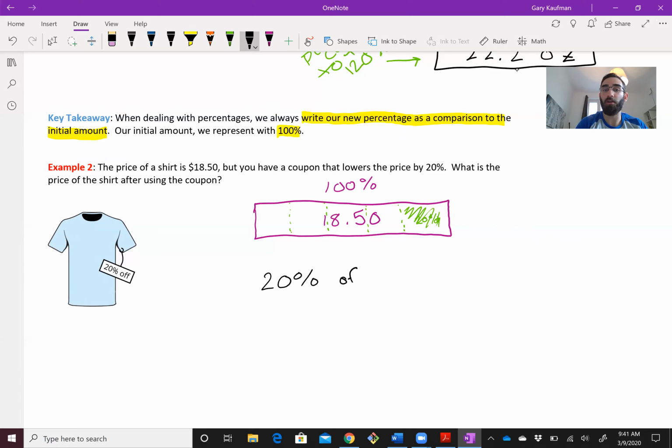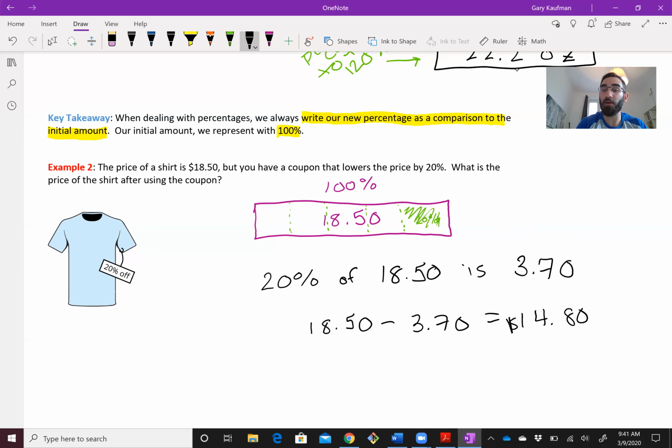20% of 1850 is 370. But in this case, we're losing, so it's a percent decrease. So I'm going to say 1850 minus 370, and this ends up equaling 1480.